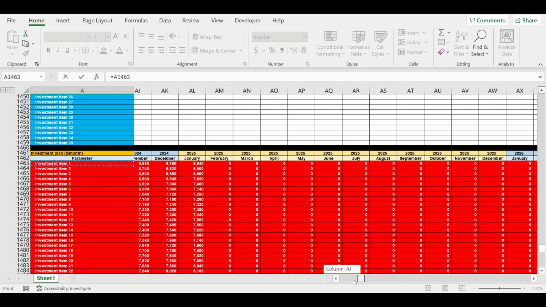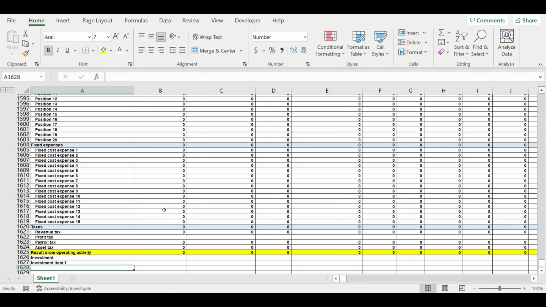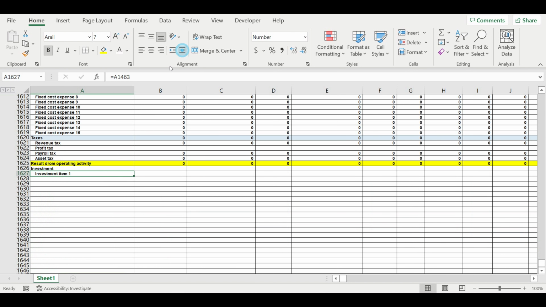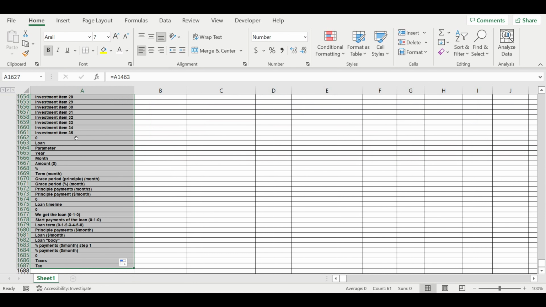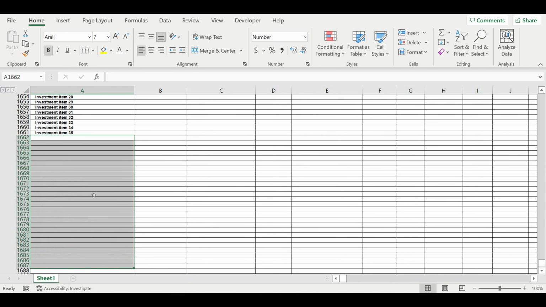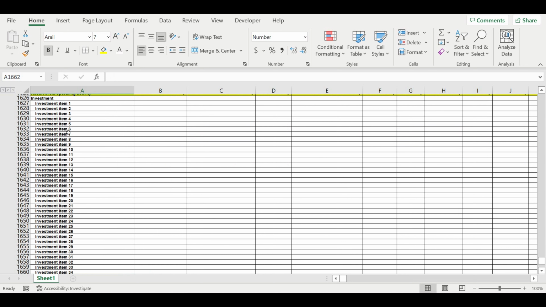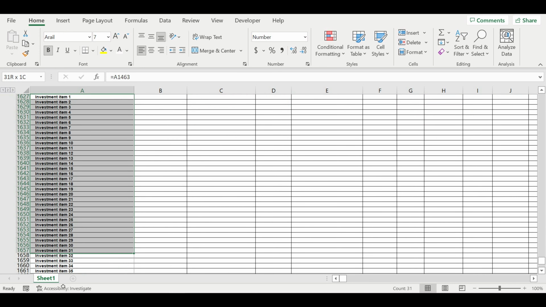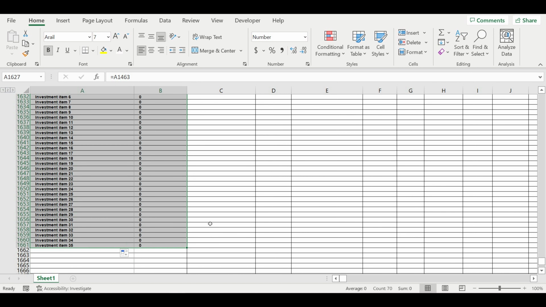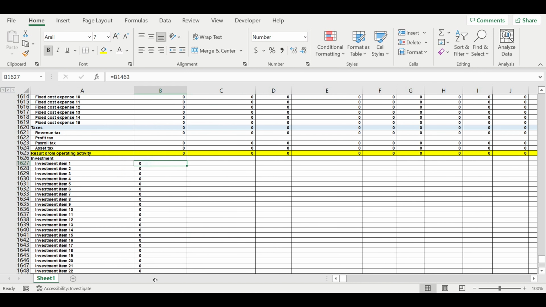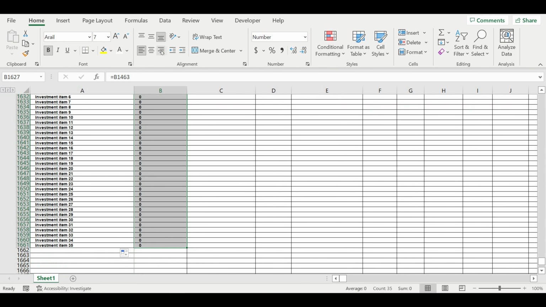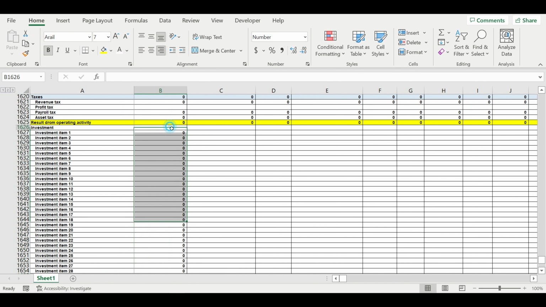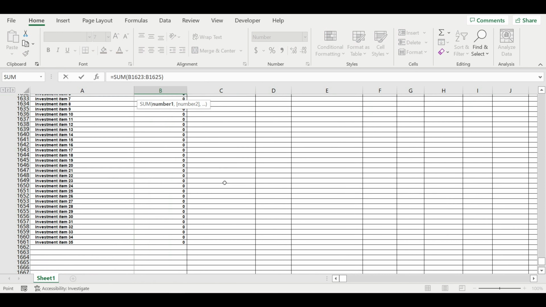Here they are. Creating totals for investment expenses.